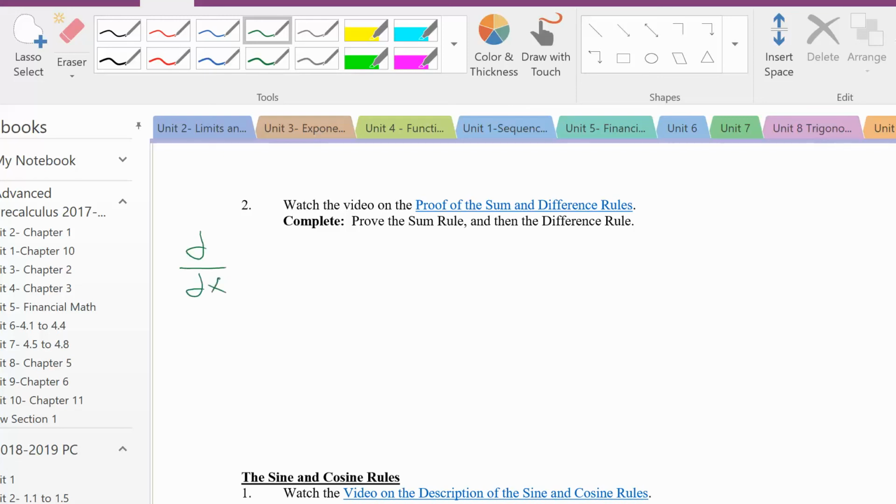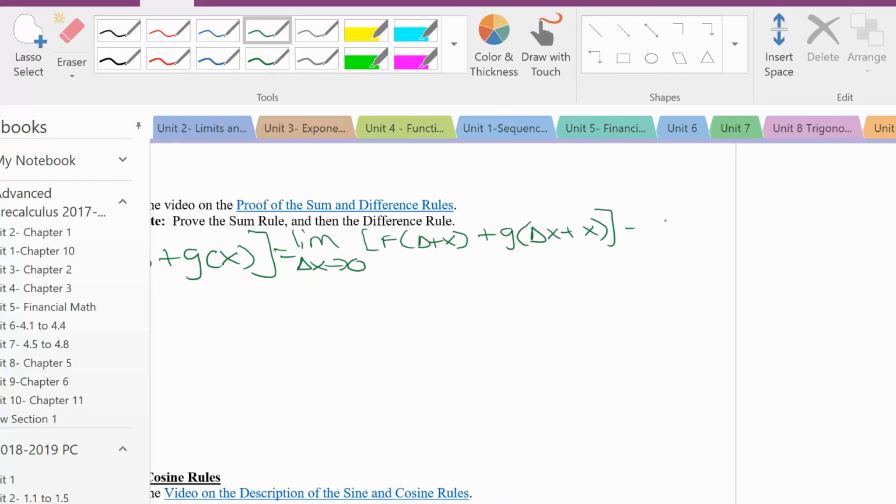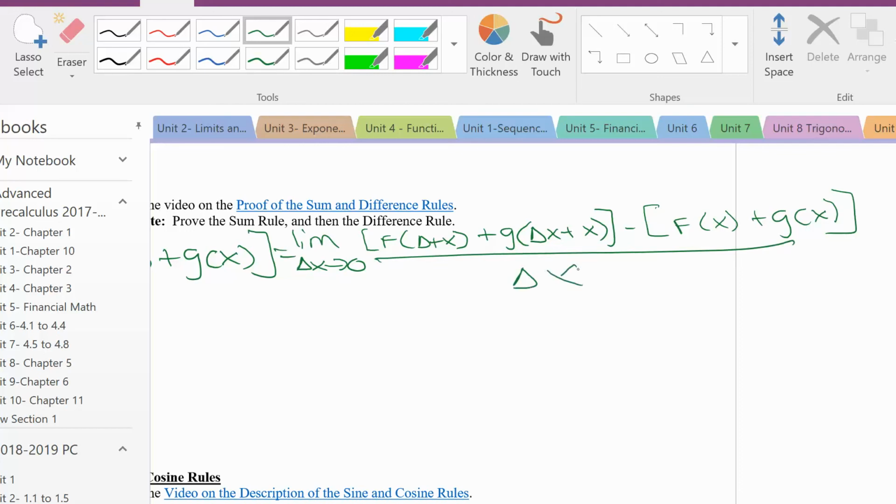If you're looking for the derivative with respect to x of f of x plus g of x, well, that means it's the limit as the change in x approaches 0 of f of x plus delta x plus g of x plus delta x, minus, and then f of x plus g of x, all over delta x.